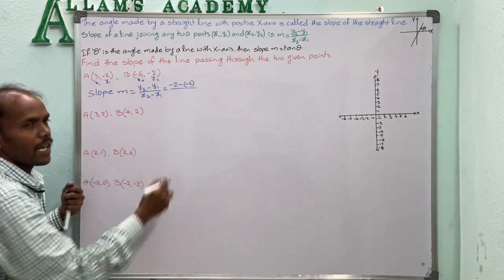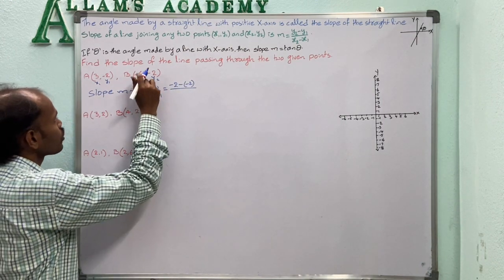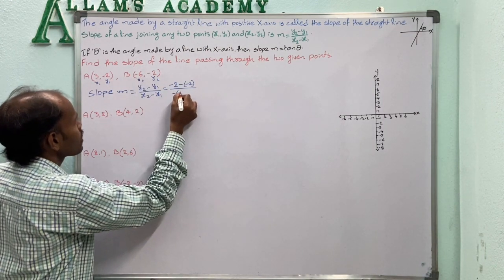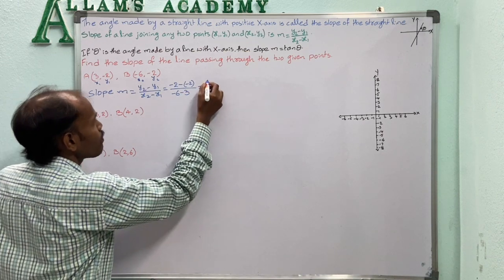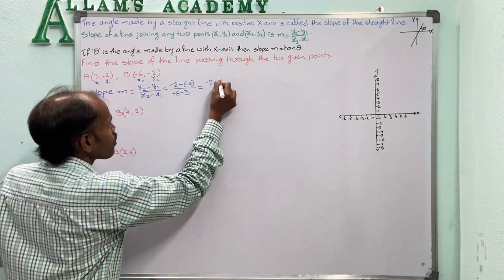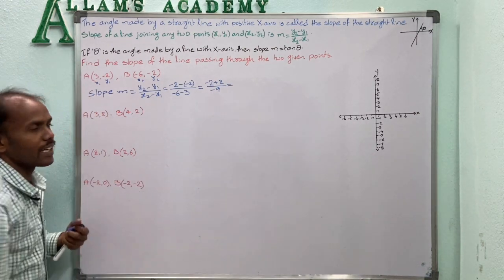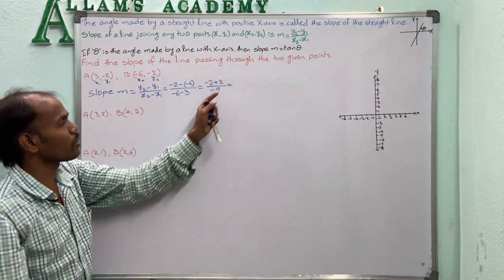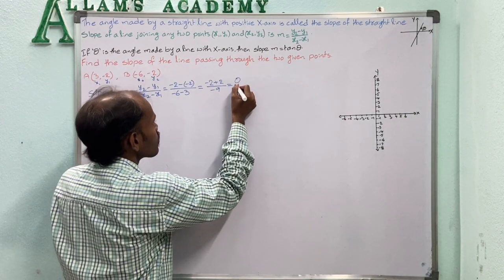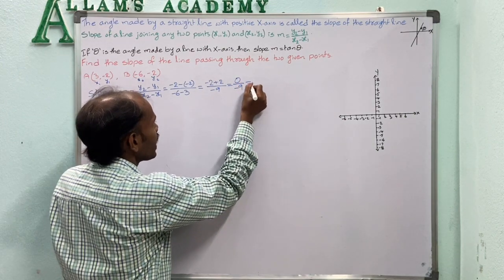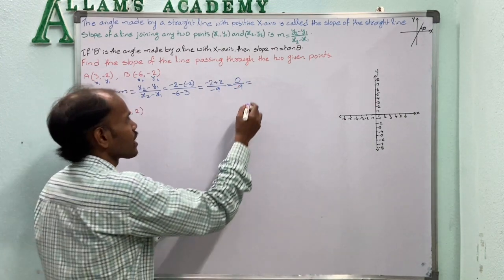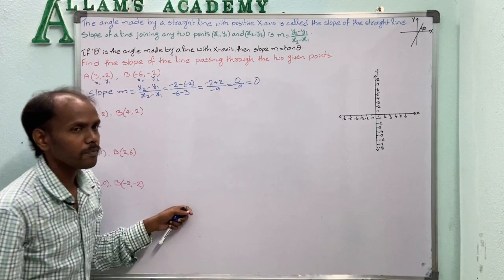So minus 2 minus minus 2 by x2 minus x1, minus 6 minus 3. Minus minus 2 is plus 2. So minus 2 plus 2 by minus 6 minus 3, that is minus 9. So minus 2 plus 2 equal to 0. 0 by minus 9 is 0.